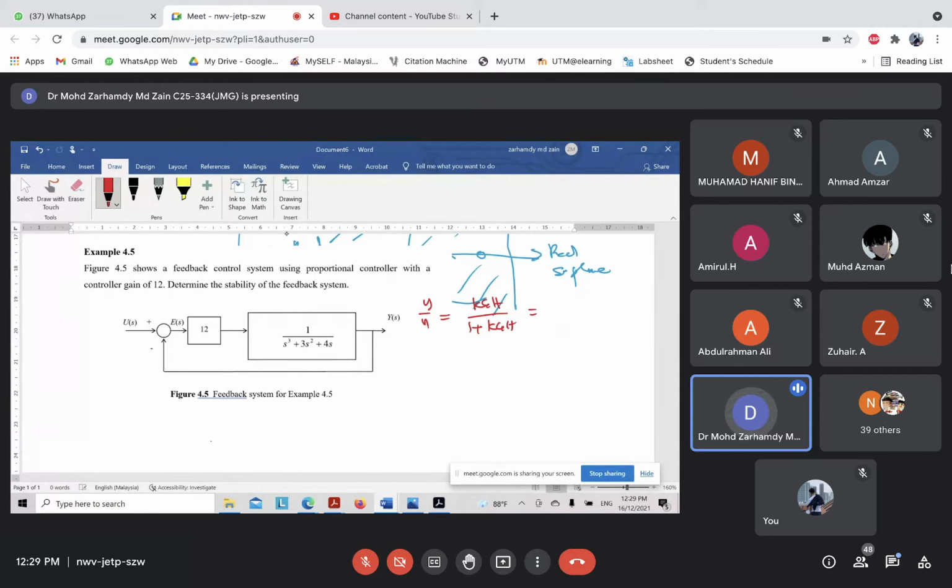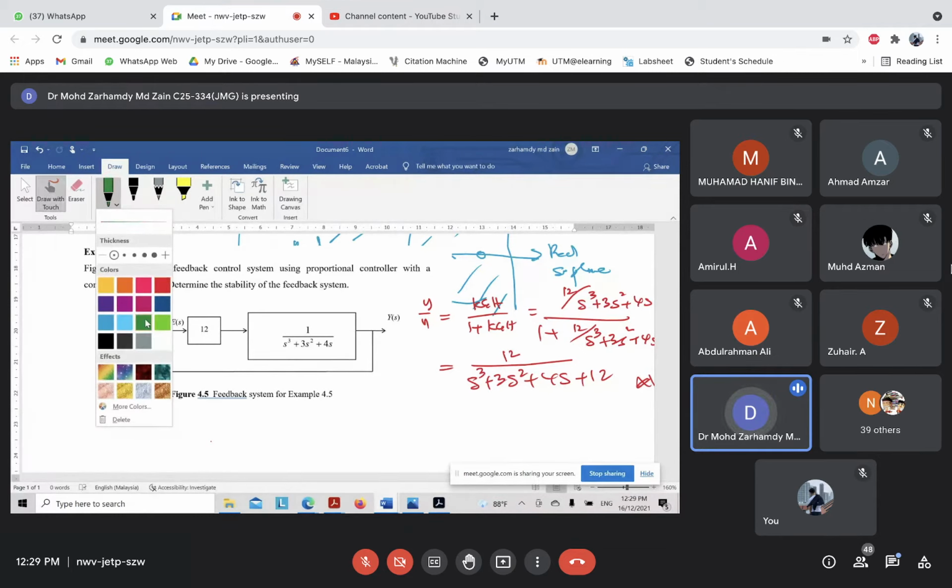So from here we have 12, kita ada S kuasa 2 campur dengan 4S, campur dengan 12. S kuasa 3 campur 3S kuasa 2, 4S. So from here finally we have 12. So we have S power 3, 3S square, 4S plus 12. Okay, so this is the transfer function.